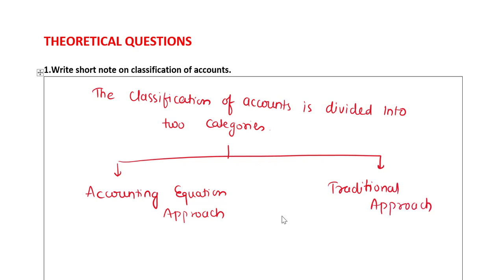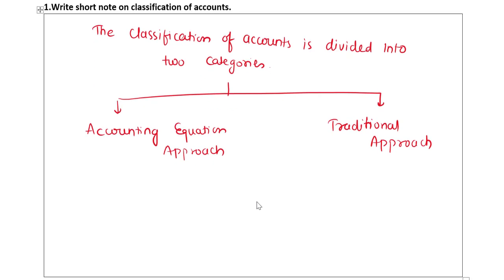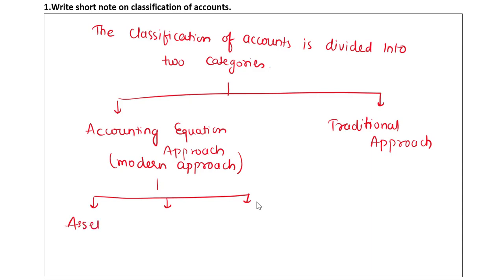The accounting equation approach, as I told you, is also known as the modern approach. In the accounting equation approach, you will bifurcate into three categories. The first is assets, then you have liabilities, and then you have equity, that is, capital.